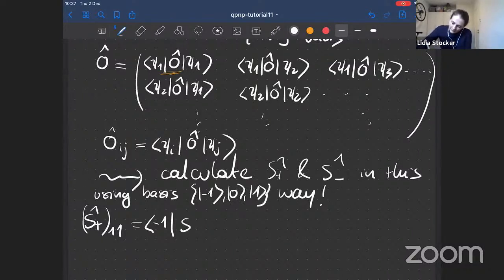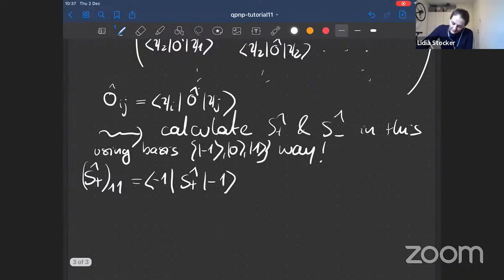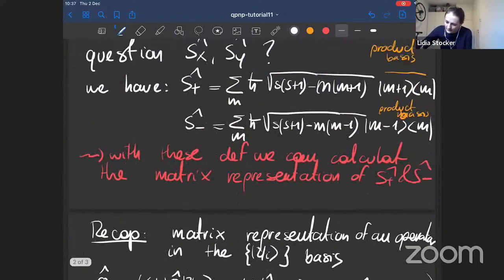So this will be calculated like this. And if I input the forms seen before, for spin 1, I have S equal 1, this is what we saw in the lecture. Okay, this is spin 1/2. We will have S equal 1/2 to input in this formula here.